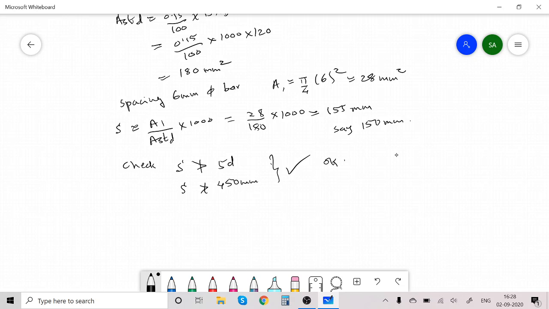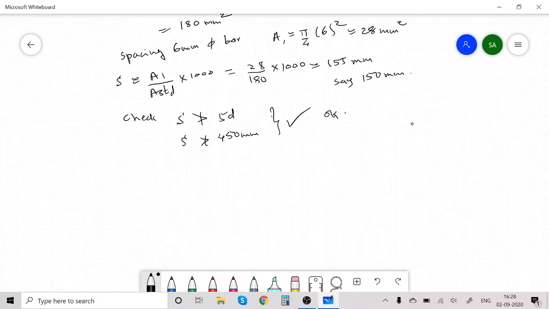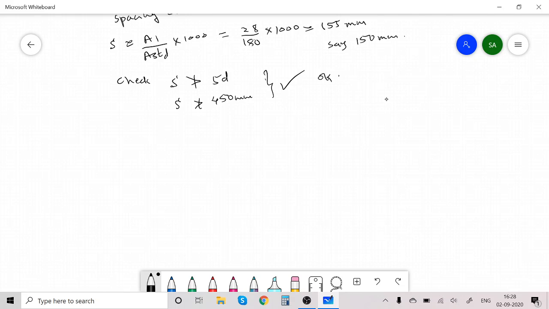So okay. Now I will write the conclusion. Overall depth of the slab, that is capital D, 120 mm. Effective cover 20 mm.